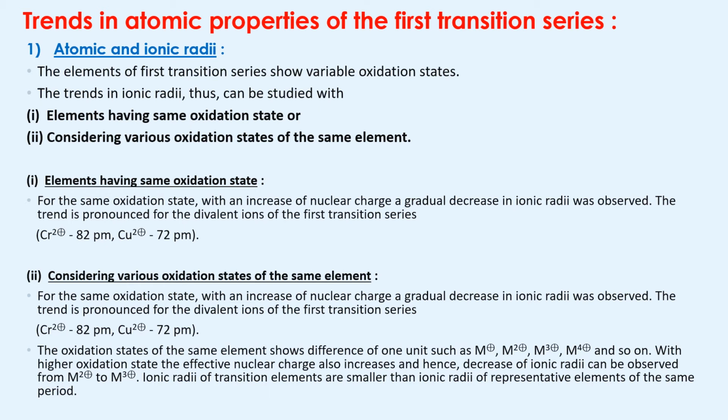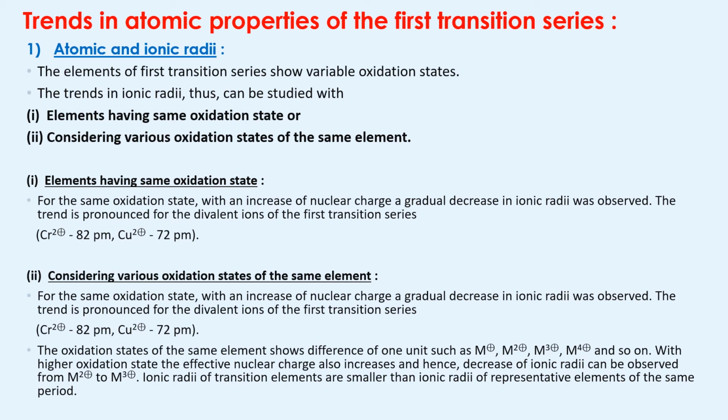There is a difference of only 1 unit: +1 to +2 is a 1 unit change, +2 to +3 is a 1 unit change, +3 to +4 is a 1 unit change. With a higher oxidation state, effective nuclear charge also increases. That means as the effective nuclear charge increases, our ionic radii decreases. So that's why your ionic radii decreases from M2+ to M3+.